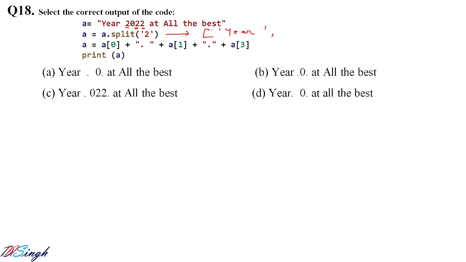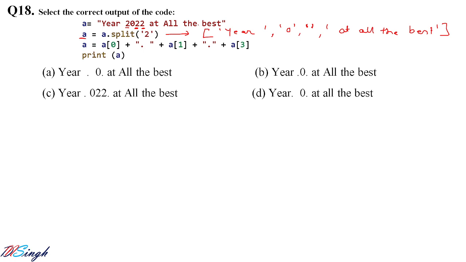Then 2 will not be there, and then you will have 0 after that. These two delimiters are coming together, so what will you have in between them? A null string, nothing is there. And the last is a space, then at all the best. So these are the elements of the list which A will have.